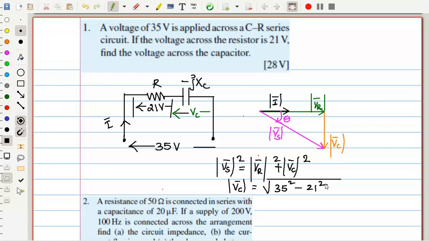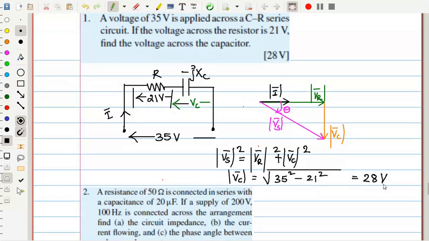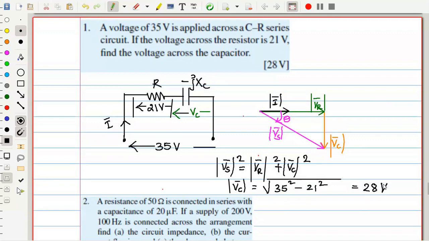How much is 35 squared minus 21 squared? 28 volts. Yeah, fine, 28 volts. So see the importance of the phasor diagram, that should be on the tip of your fingers. You should be very careful about the phasor diagram.